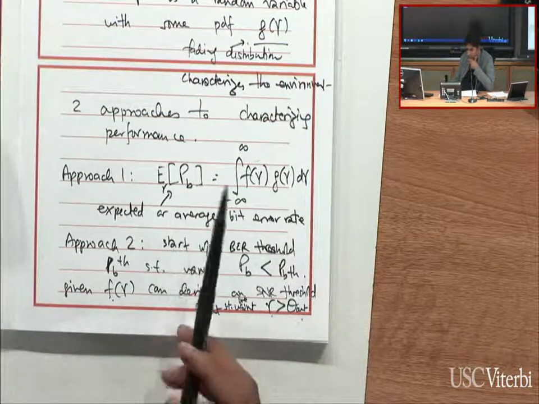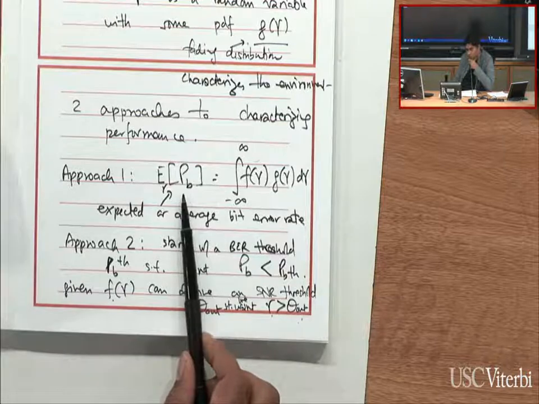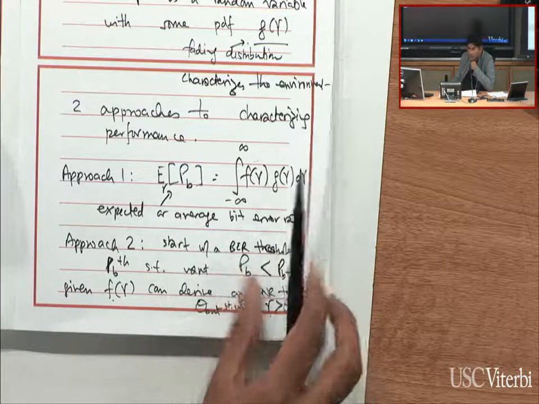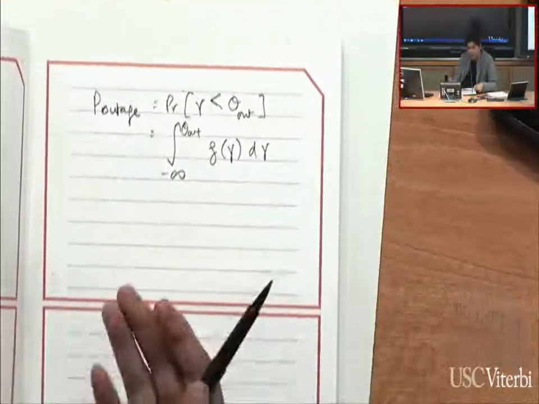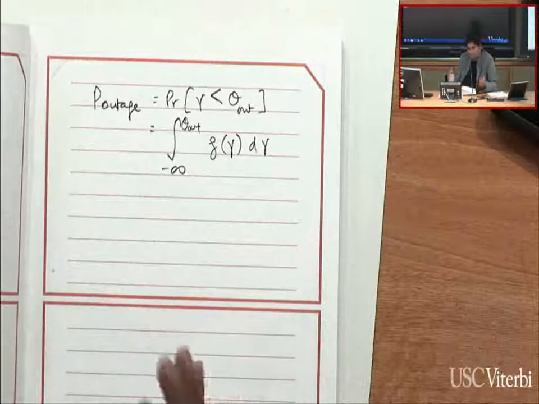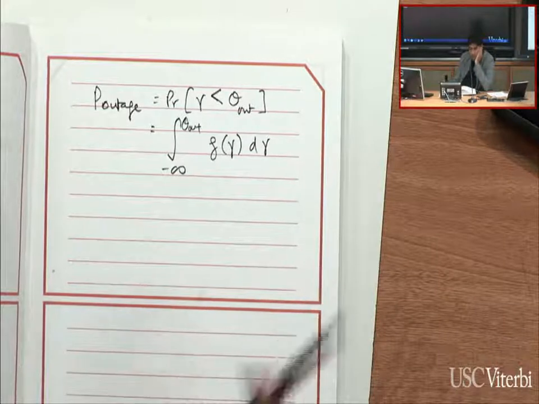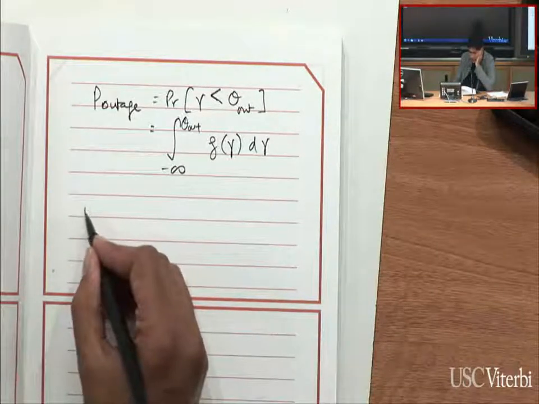Notice that both of these are sort of errors, so you want this probability to be low, and similarly you want this outage probability to be low, right? So we always want these two different metrics to be as low as possible, but what can we do to control the link?